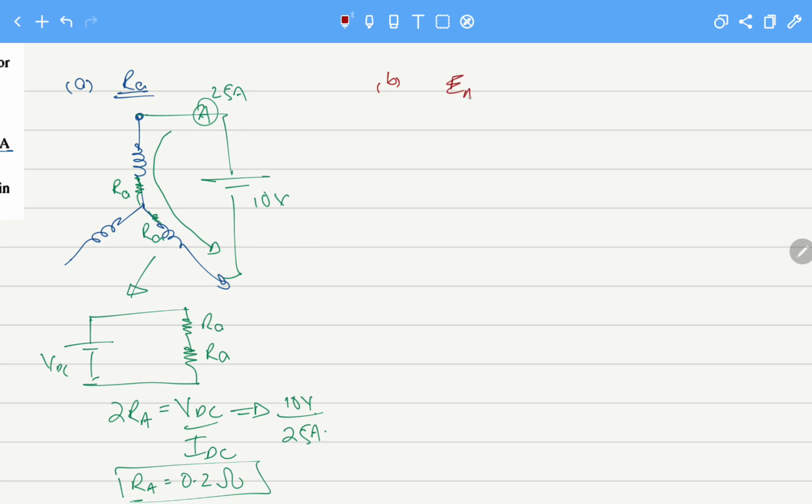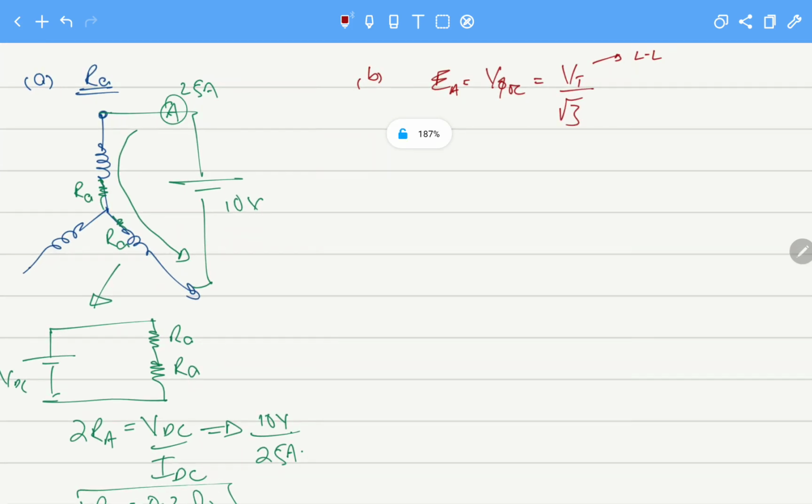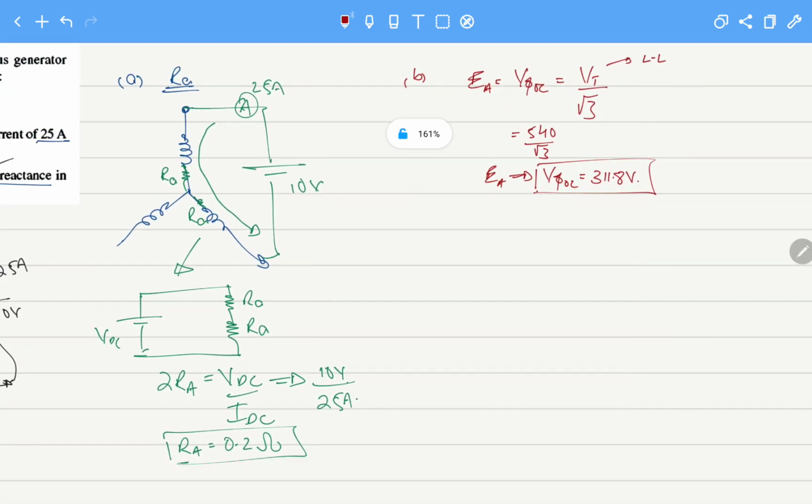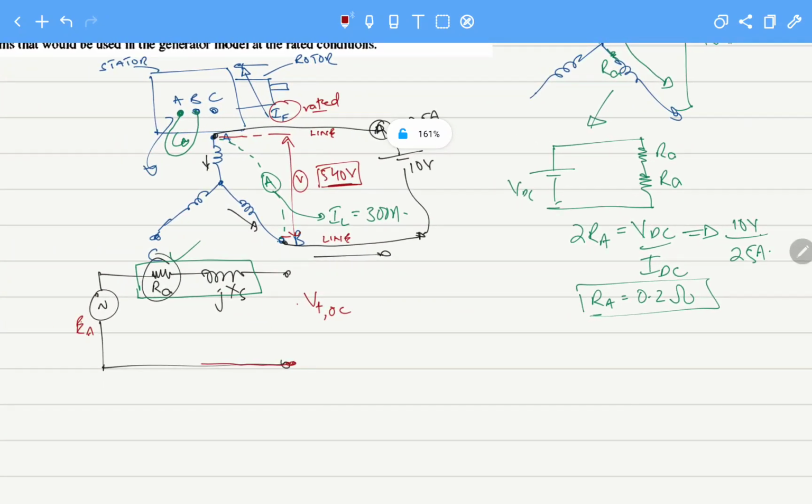EA, the V phase open circuit, equals V terminal over root 3, as this is line to line. So we have 540 volts divided by root 3, and EA, the V phase open circuit value, equals 311.8 volts. So the first thing we were able to calculate was this value.